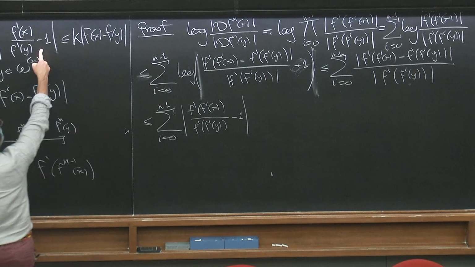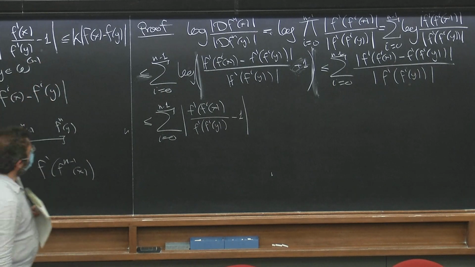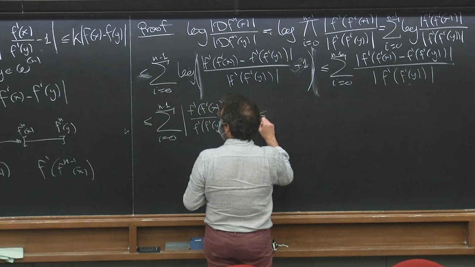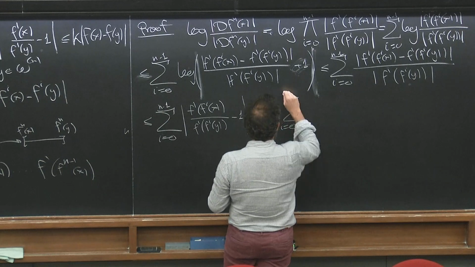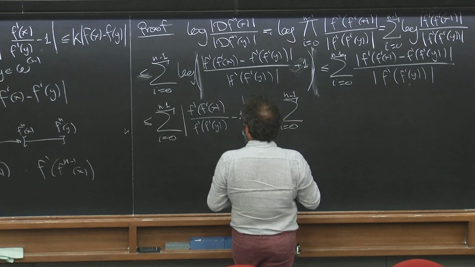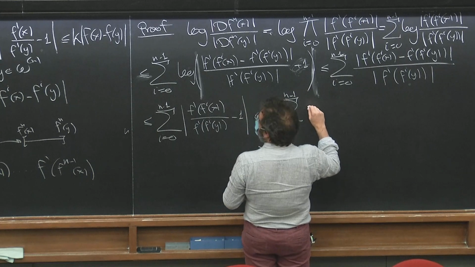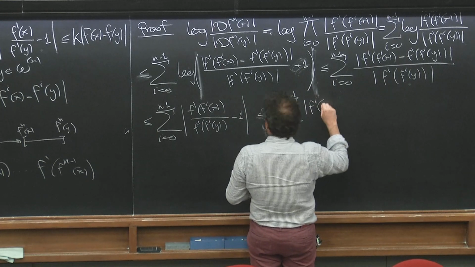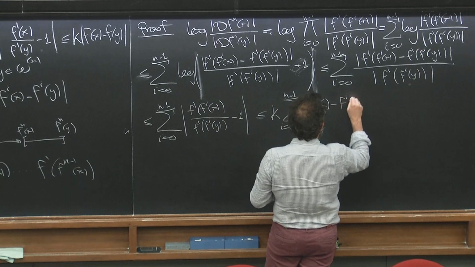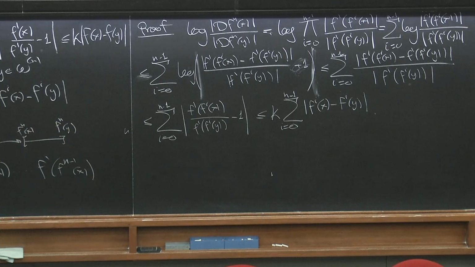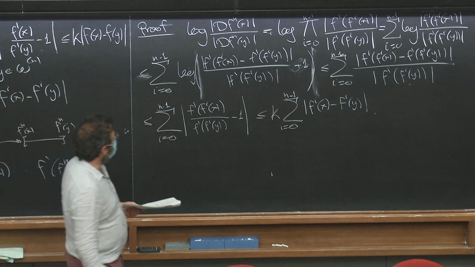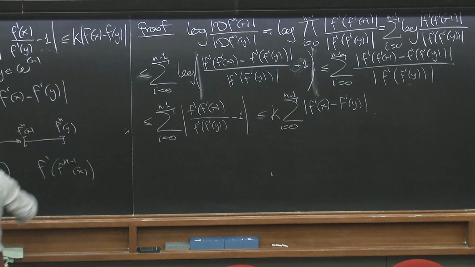And then we apply this, right? That's why we wanted this. And this is less than or equal to k times the sum i equals 0 to n minus 1 of |f^i(x) minus f^i(y)|. So we haven't really used anything here, except for this lemma here.